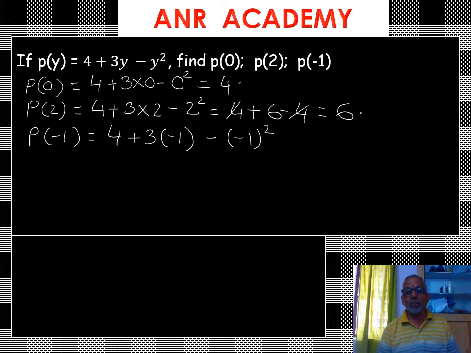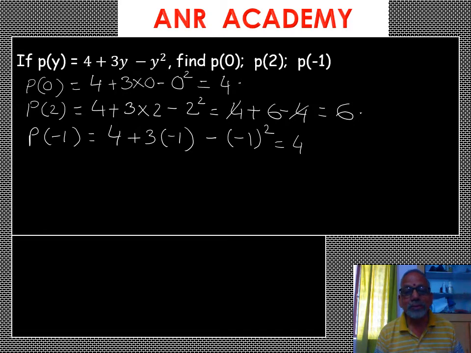Clear? What is the value of minus 1 whole square? You have to see the power. If the power is an even number, it always has a plus sign. If the power is an odd number, then it has a minus sign. You should be very careful about the sign.